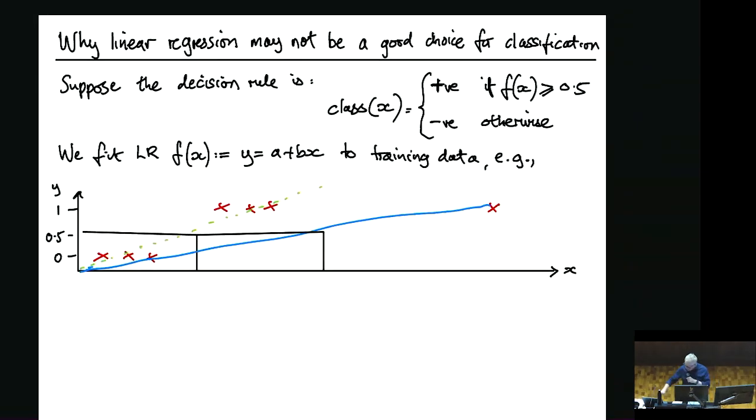Sorry about the bad drawing, but hopefully the concept is clear. Are there any questions about this? It's not critical to know this, but it's just a data point along the way about why we need linear classification separately from linear regression. No? Okay.